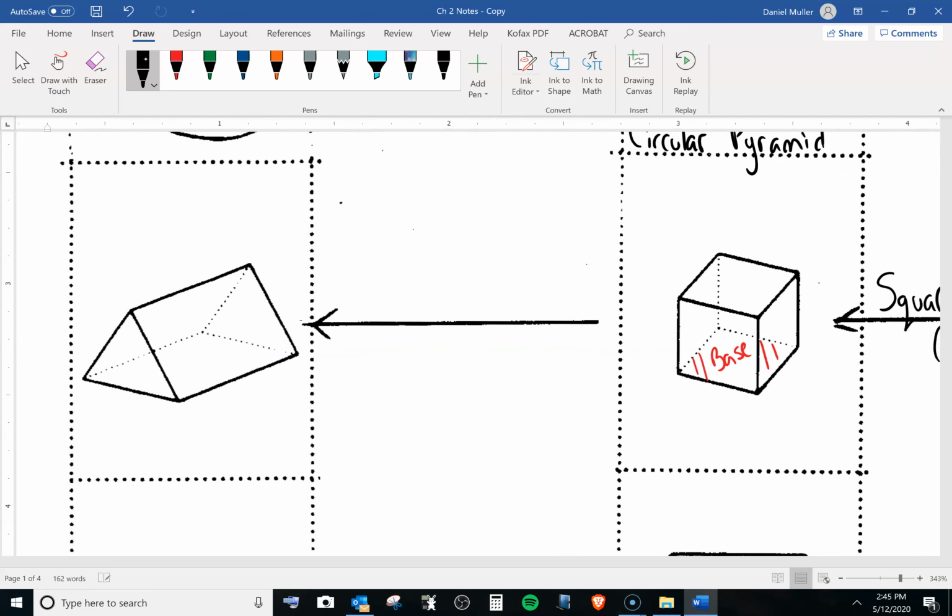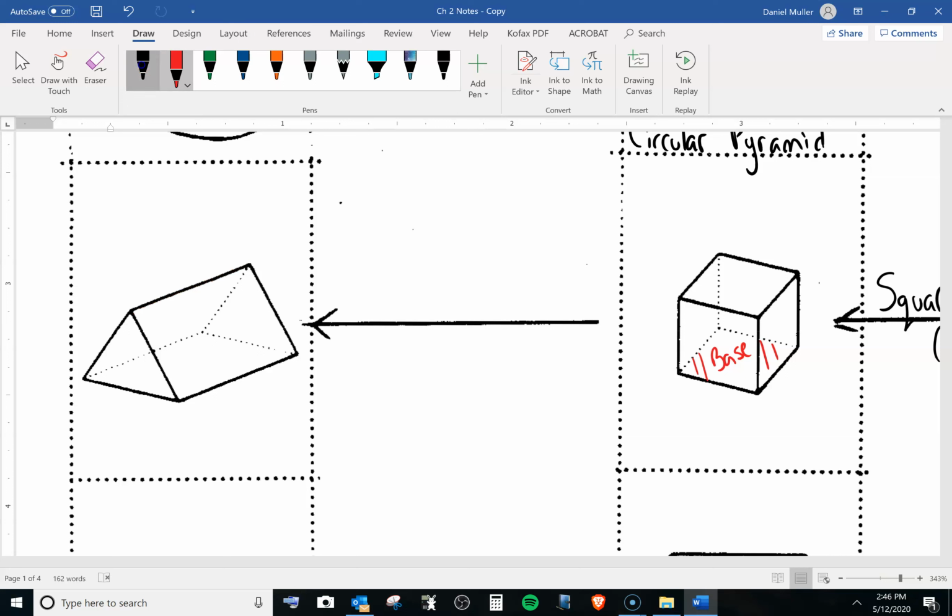And moving on here. This is a very odd one. Most of us want to call this the bottom, call that the base, but it doesn't come up to a point. You think, well, it kind of does. Well, if I said this came up to a point, I would get something where all the sides would go up to one single point. And here, the base is coming up to not a point, but a line.